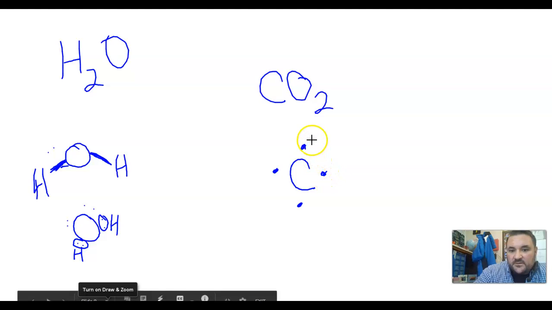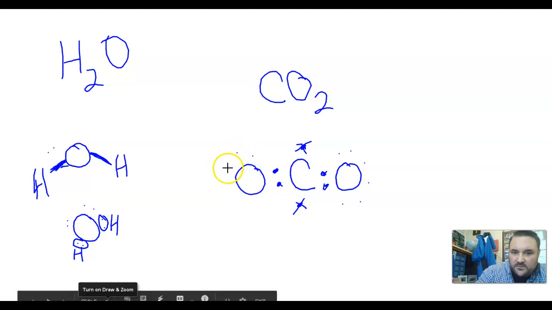So what happens, pretend those aren't there. The oxygen is here and it has 6, 1, 2, 5, and 6. There's another oxygen over here, 1, 2, 3, 4, 5, 6. You get a double bond in this case. That electron shares, that electron shares, that electron shares, and that electron shares. Sometimes you'll see it written this way.